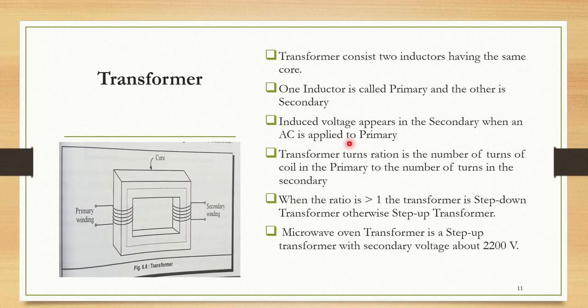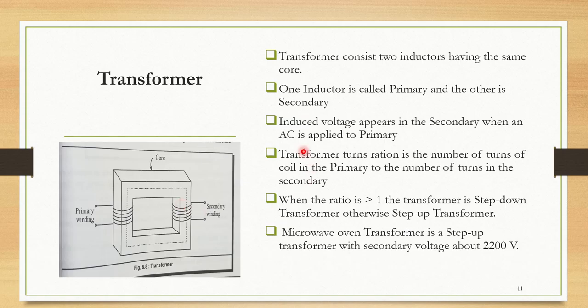A transformer consists of two inductors having the same core. The core is the same; it may be iron, steel, whatever it may be, both have the same core. One inductor is called the primary, the other is the secondary. Suppose this is the primary, naturally this is the secondary inductor.